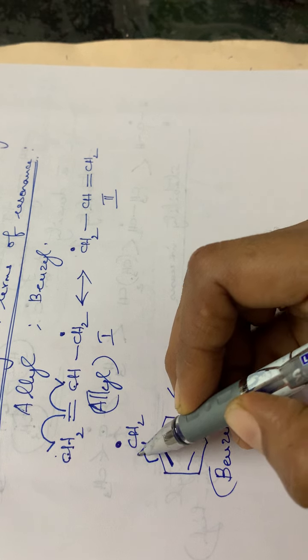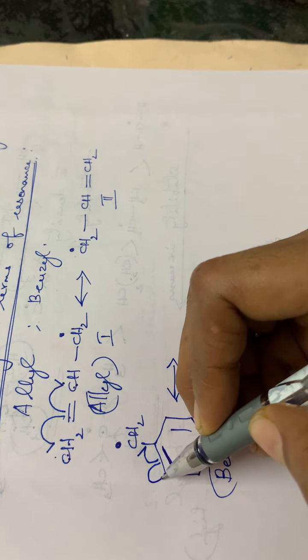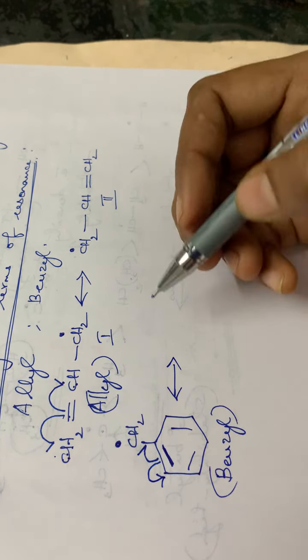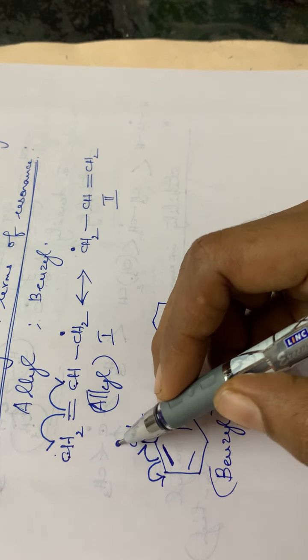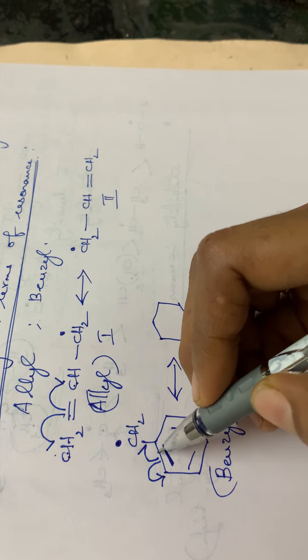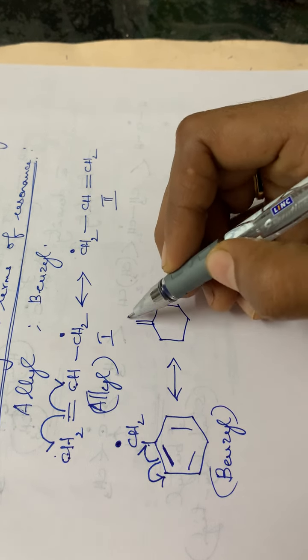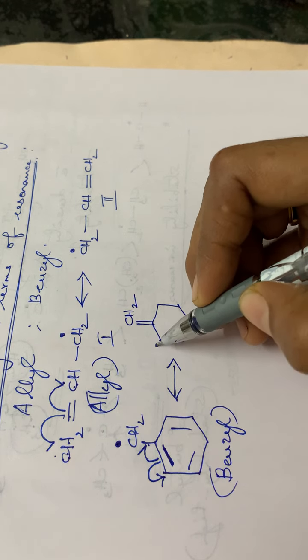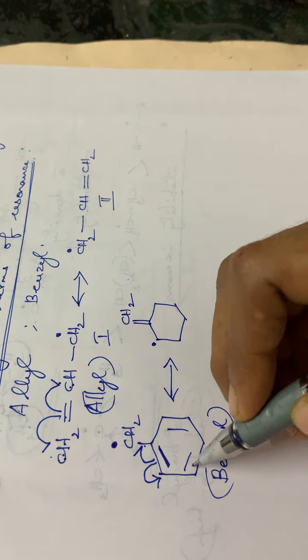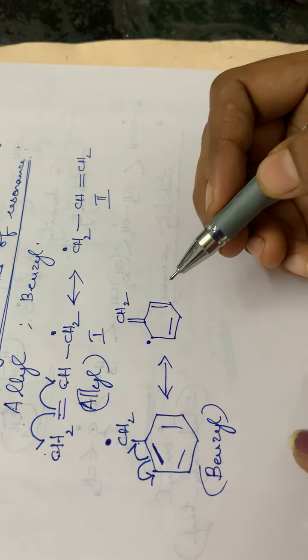So 1 electron will be going to this bond and the second electron will be going to this carbon atom. Okay, so that the next structure will be like this. Here it is having an odd electron and from here 1 more electron, so it becomes a double bond CH2. Okay, for this carbon atom, one electron is free, then the other two bonds are retained.